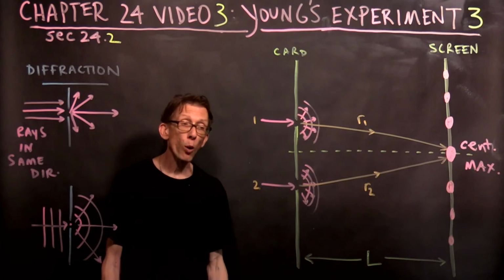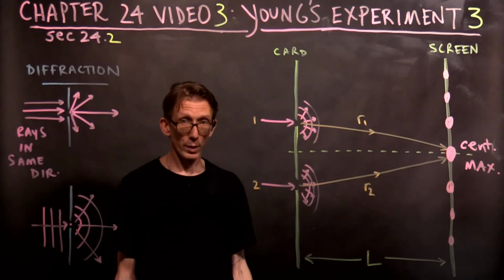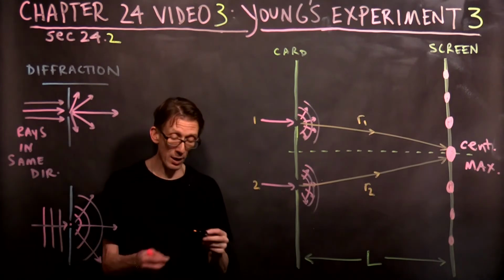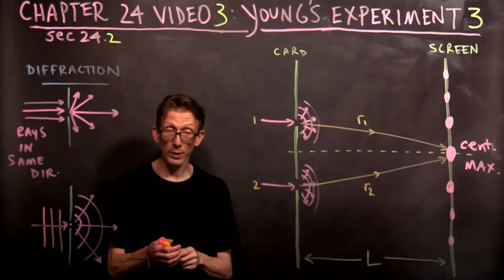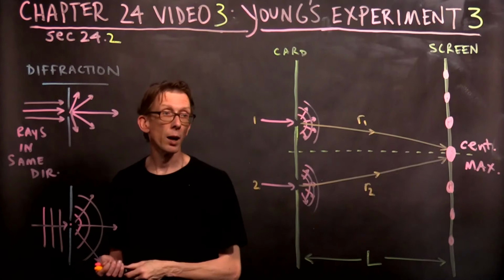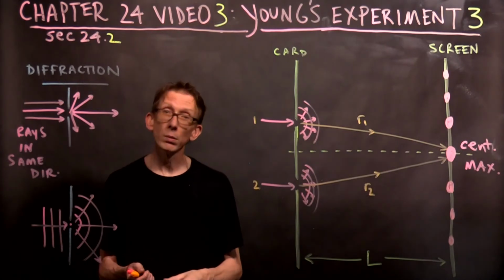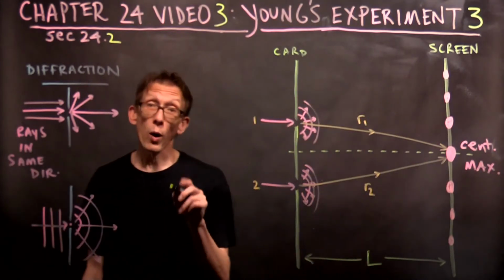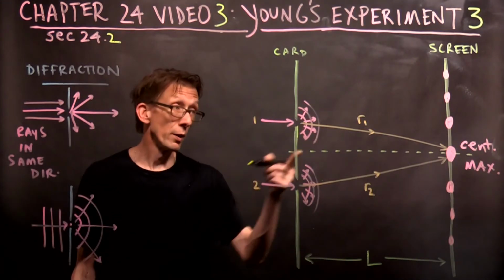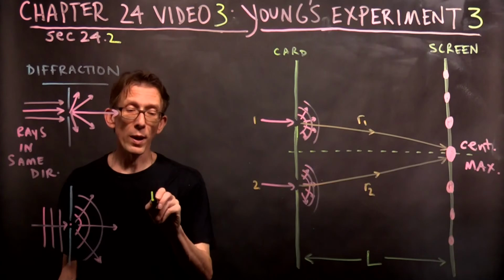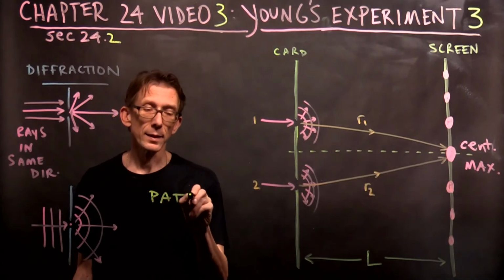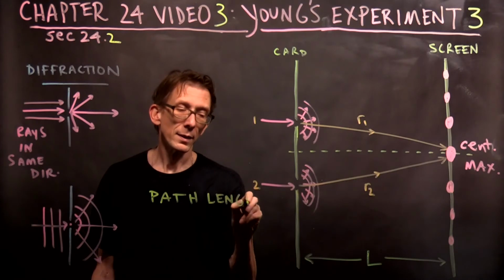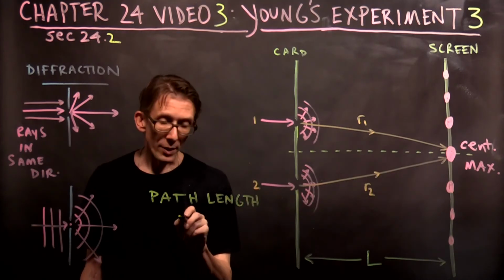There's a very important quantity that our textbook uses the symbol delta for. That quantity, it involves this picture here, is known as the path length difference.